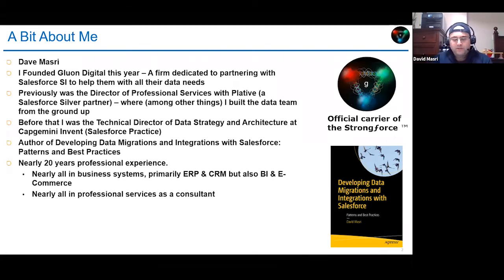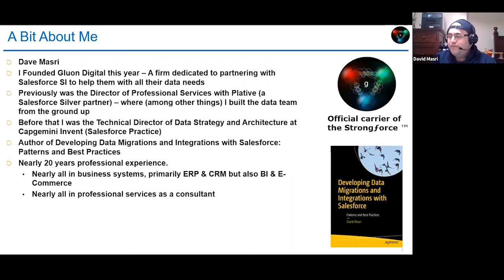We're a boutique consultancy that specializes in partnering with Salesforce SIs to help them with really complex data projects that may be included as part of their Salesforce implementations, but they don't necessarily have the in-house expertise.